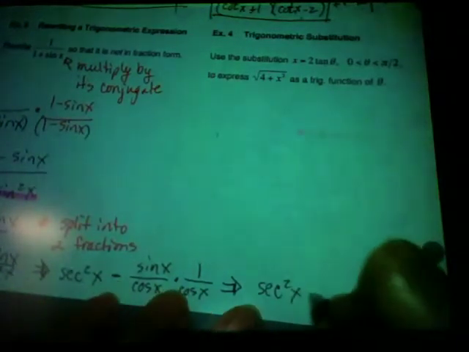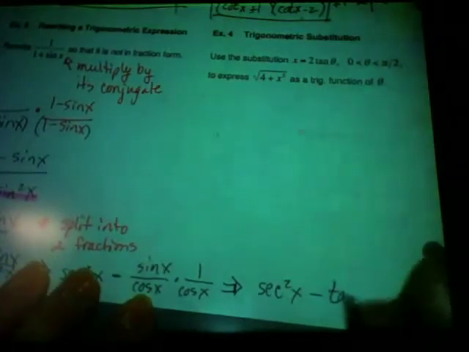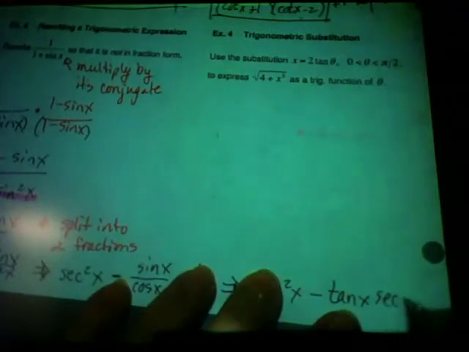What's this? Secant. So then my final answer without fractions would be secant squared of x, we just did that one, minus, these are multiplied together, tangent of x times secant of x. Do I have any fractions anymore? Good, howdy, right? There's my final answer.